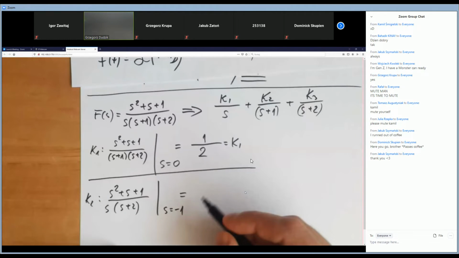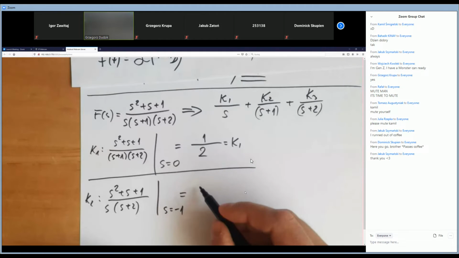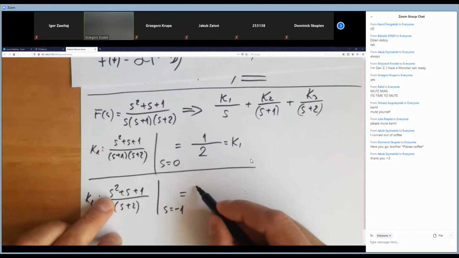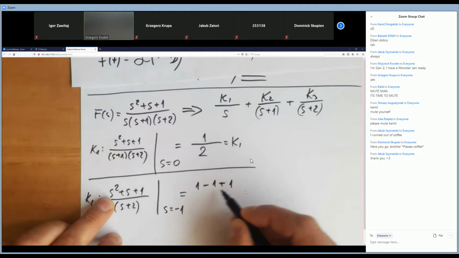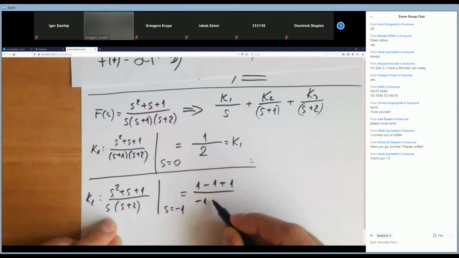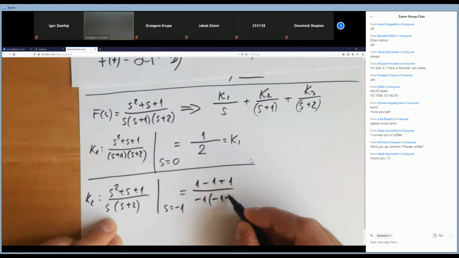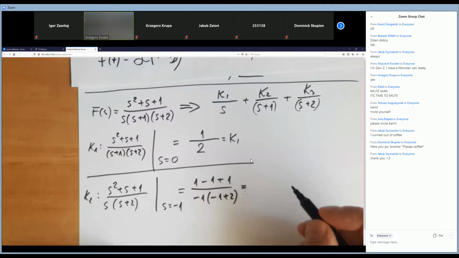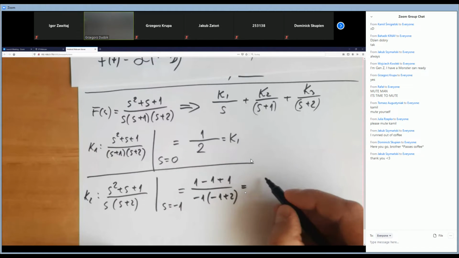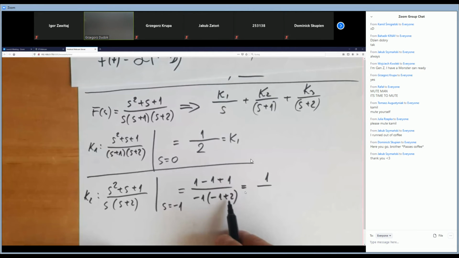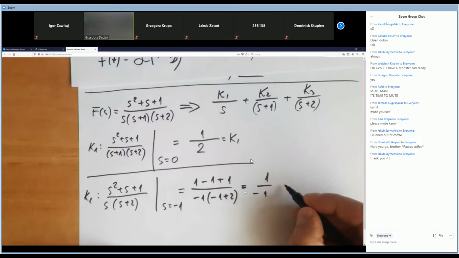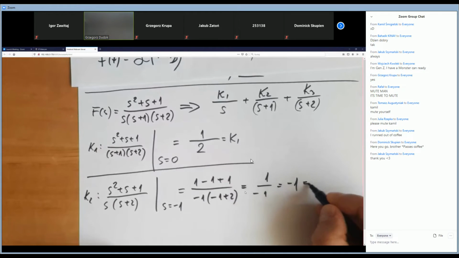So it is equal minus 1 squared, this is 1, minus 1 plus 1 over minus 1 times minus 1 plus 2. And as you see, this is equal 1 over 1 times minus 1, it is minus 1. So as you see, this is minus 1, and this is K2.